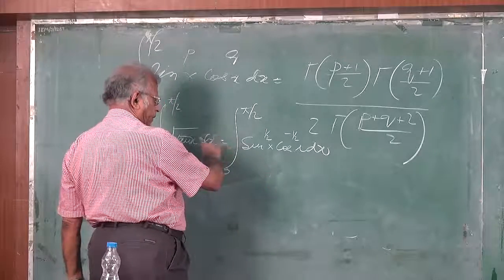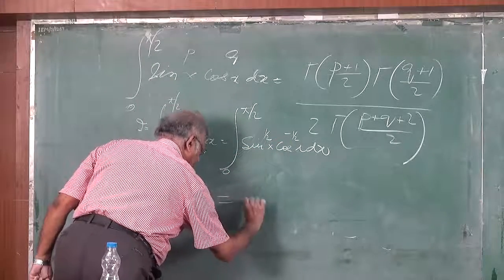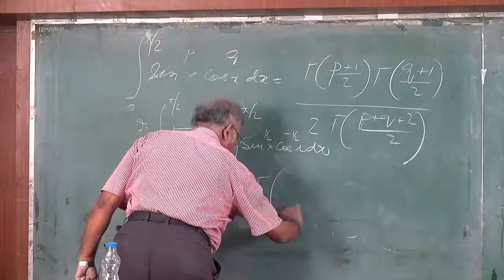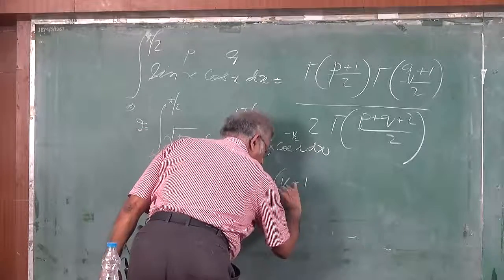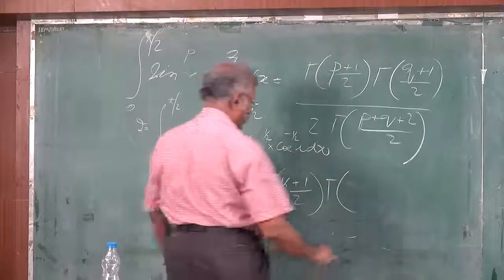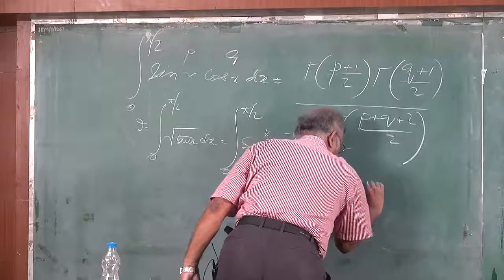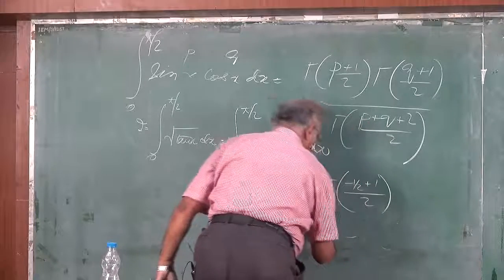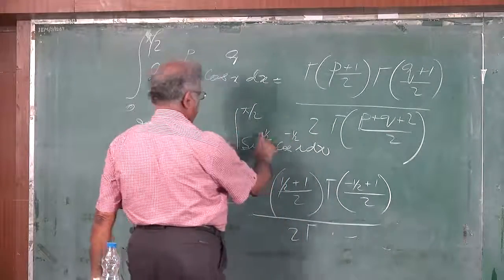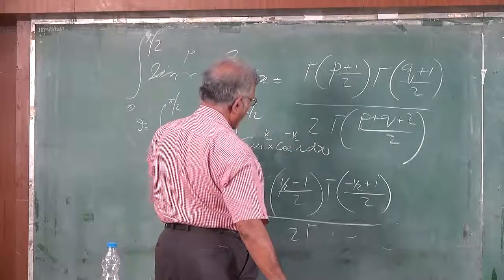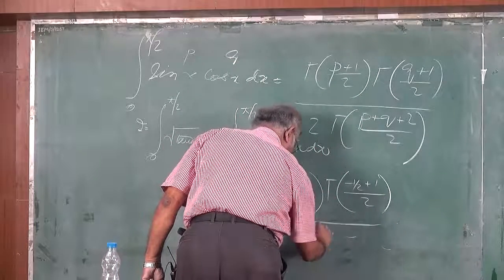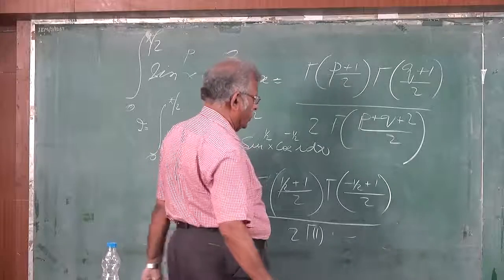So it stands to reason to believe that this particular integral will be nothing but gamma of (half plus 1) by 2, gamma of (minus half plus 1) by 2, over twice gamma of, add them up, p plus q is 0, add 2, divide by 2, so gamma 2 by 2, which is gamma 1, and gamma 1 is of course 1.